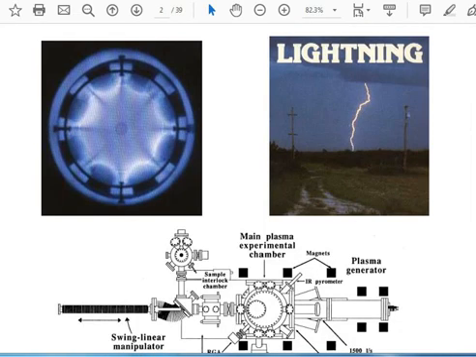We might think we don't often see plasma in nature, but actually there is plasma on Earth. The upper right figure shows lightning in nature. Lightning is one kind of naturally occurring plasma.